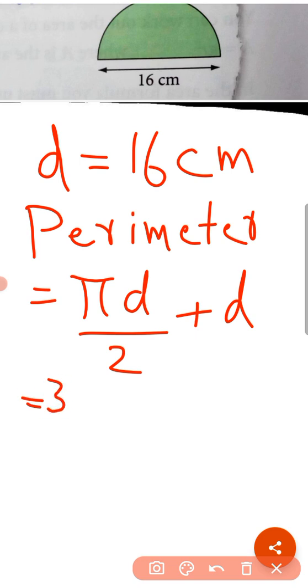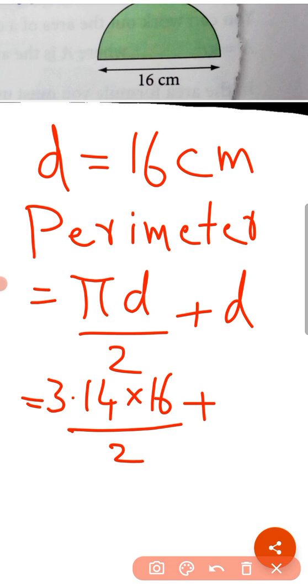Substitute the values. Pi 3.14 into 16 divided by 2 plus 16. We can cancel this 2 and 16. 2 into 1, 2. 2 8s are 16.